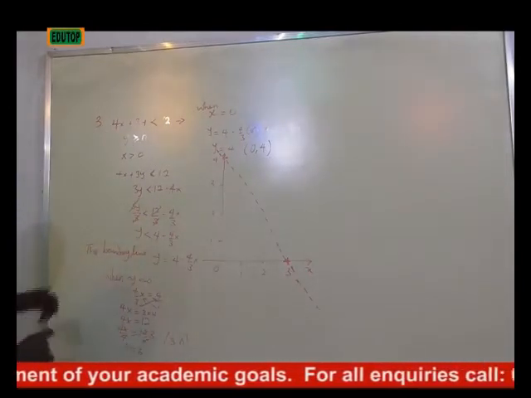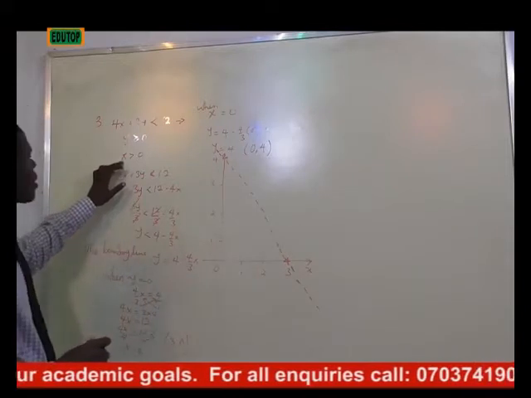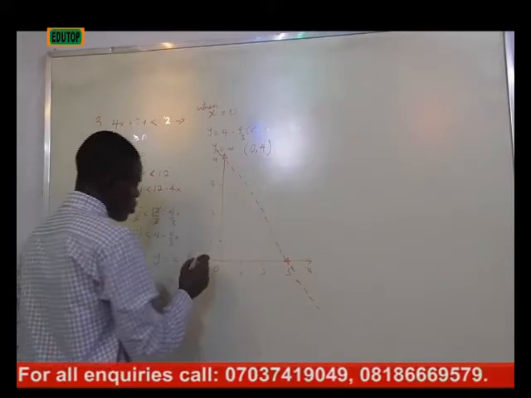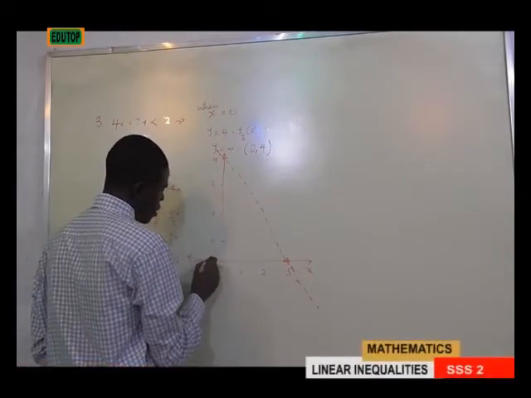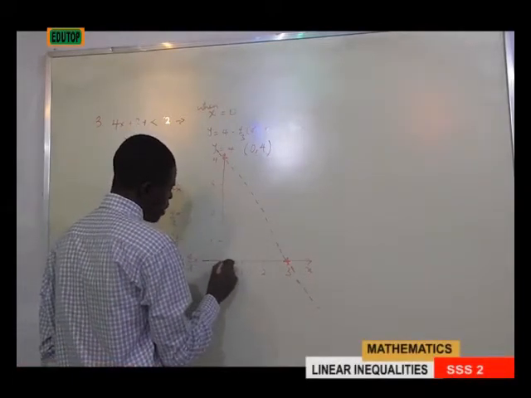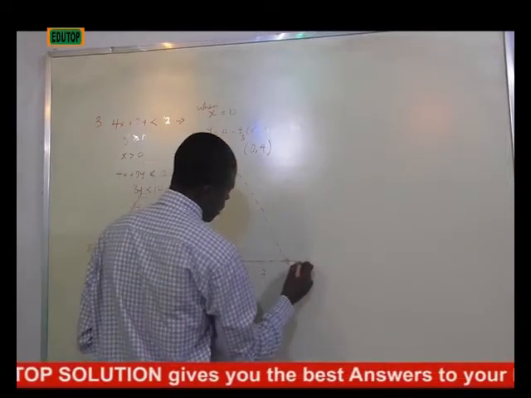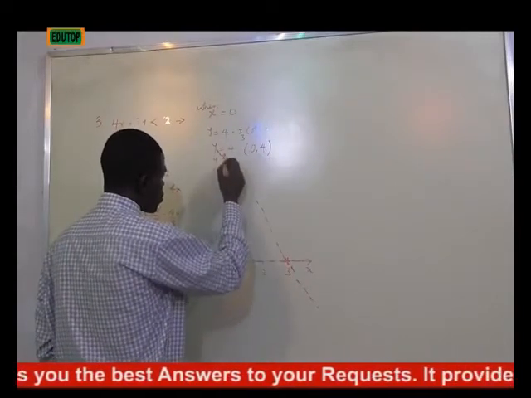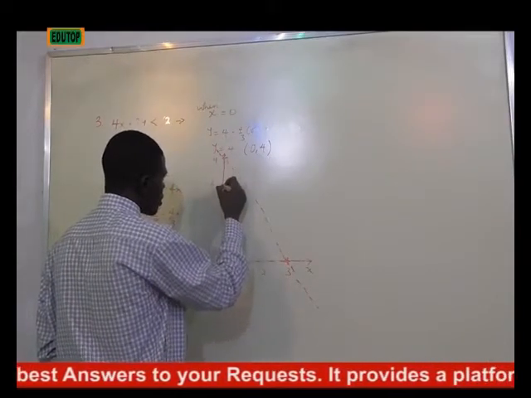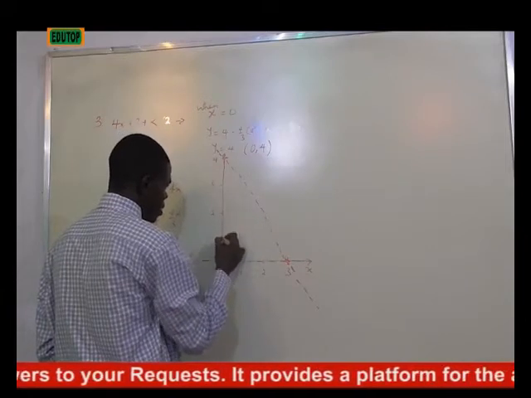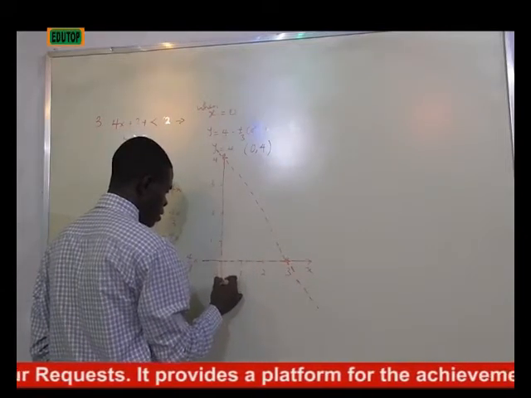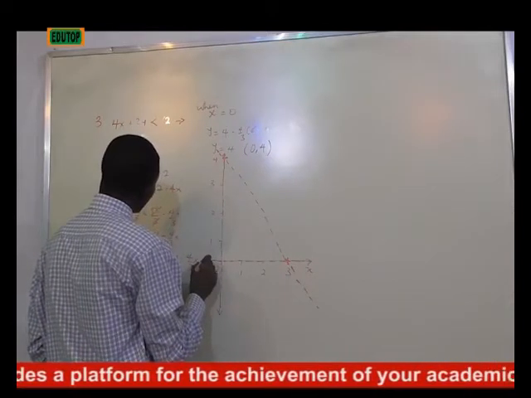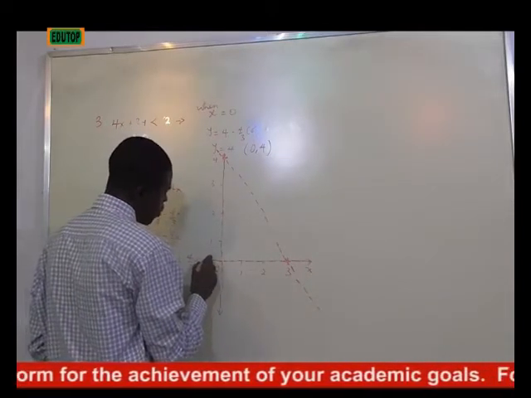Then we also have x is greater than or equal to 0. So x equal to 0 is on this line. We are having that y is greater than or equal to 0. Okay, x equal to 0, we have it on this line. Then we have y equal to 0, we have it on this line.